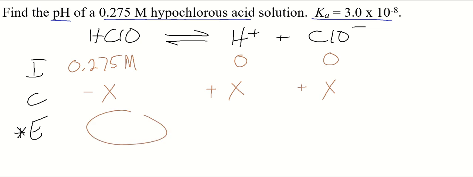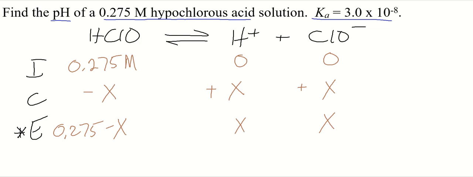To find the concentration at equilibrium, we're going to take the initial, add the change to get the concentration at equilibrium. So it's going to be 0.275 minus X for the weak acid, and for the hydronium ion concentration and the conjugate base concentration it's going to be X.